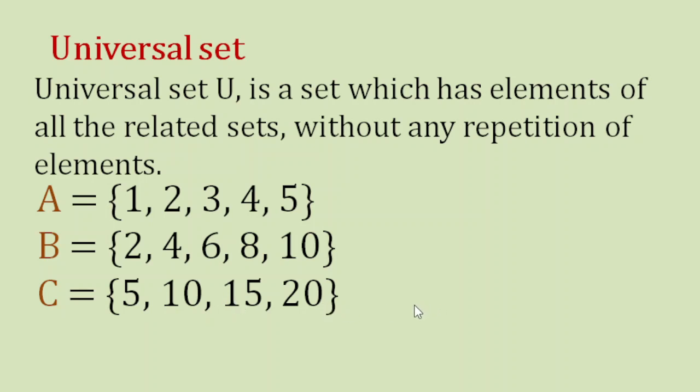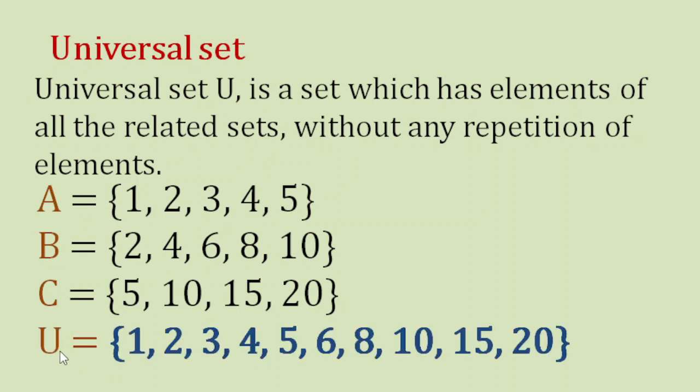What does the universal set look like? So our universal set looks like this. The elements are 1, 2, 3, 4, 5, 6, 8, 10, 15, 20. These are the elements that we find in A, B, and C without repeating any element.